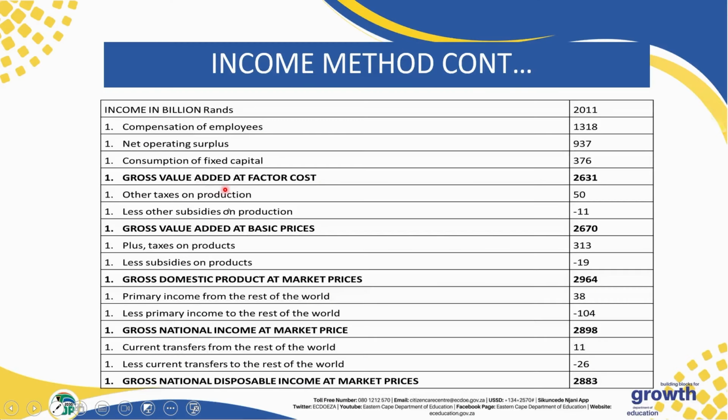Now, from this, we move to the next line by adding other taxes on production. There may be taxes imposed in the production process of goods and services. For example, environmental taxes may be imposed on the production process. If those are imposed, then they are going to increase the price of goods and services. Also, we talk about the deduction of other subsidies on production.